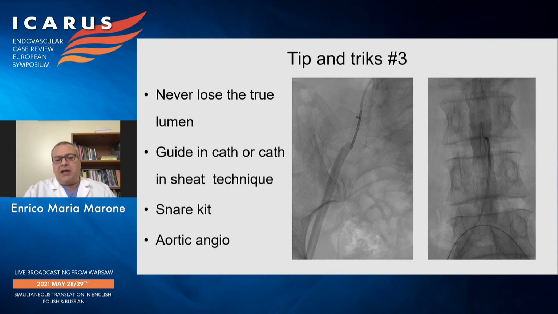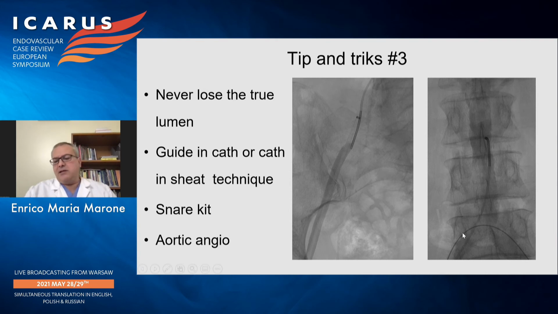It is mandatory, in chronic occlusion of the iliac arteries, to avoid losing the true lumen. So when we obtain a contralateral recanalization, we have several possibilities. We can use a snare kit, or it's possible to use the guiding catheter technique or the catheter in sheath technique.